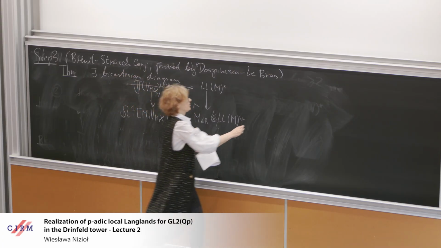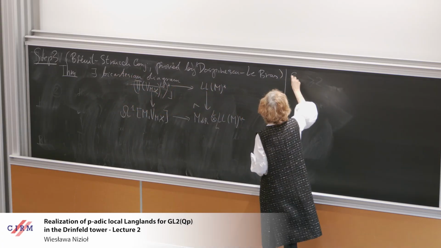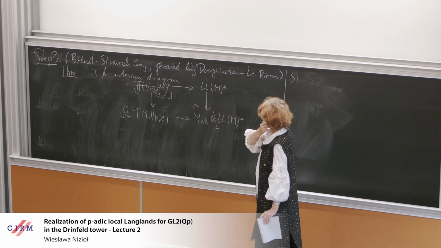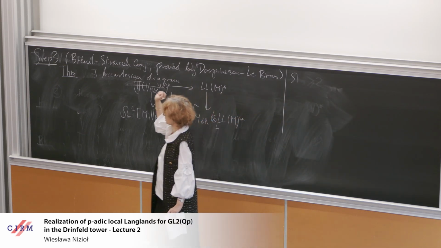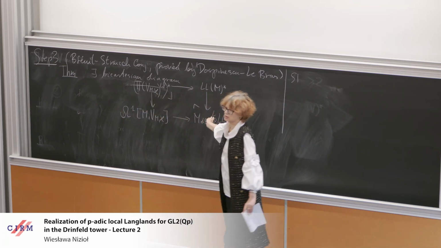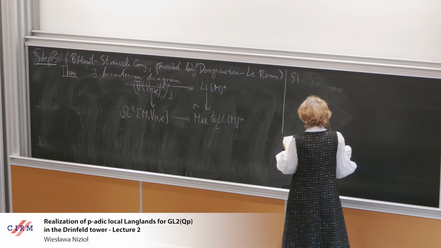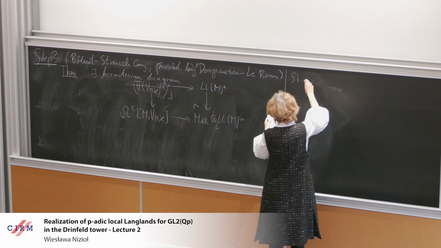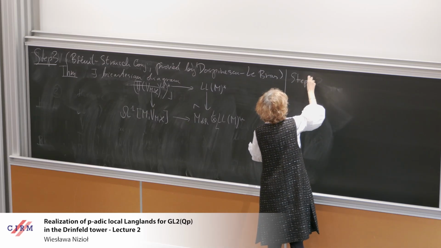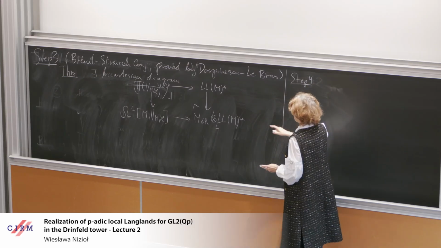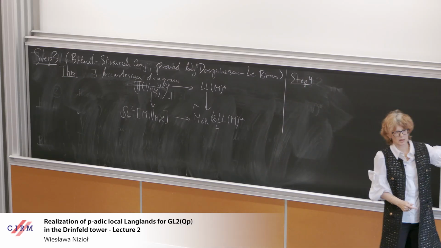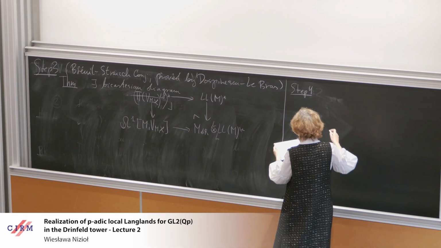Okay, so step 4 is now about the proof of that. I mentioned that there is a hidden global input here, and the proof of that is also global. So a local-global compatibility type of thing. And here we have step 4. Well, now that we have this bicartesian diagram, then we have what we want, right?